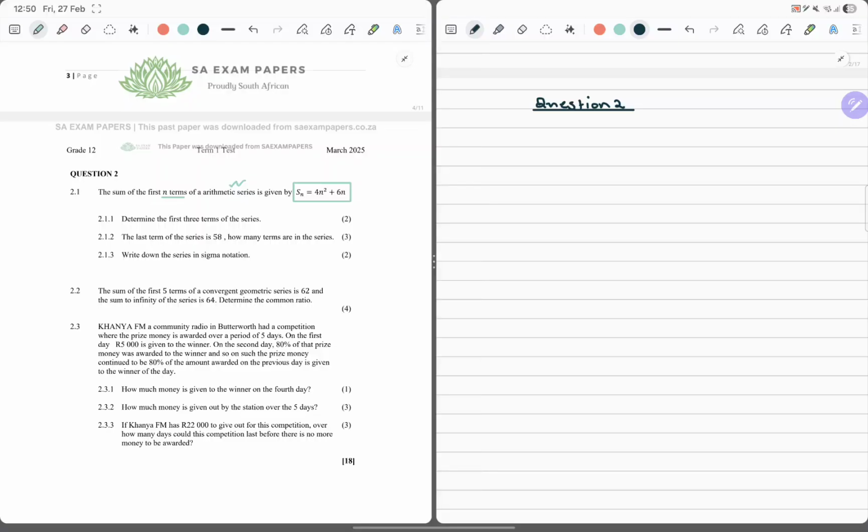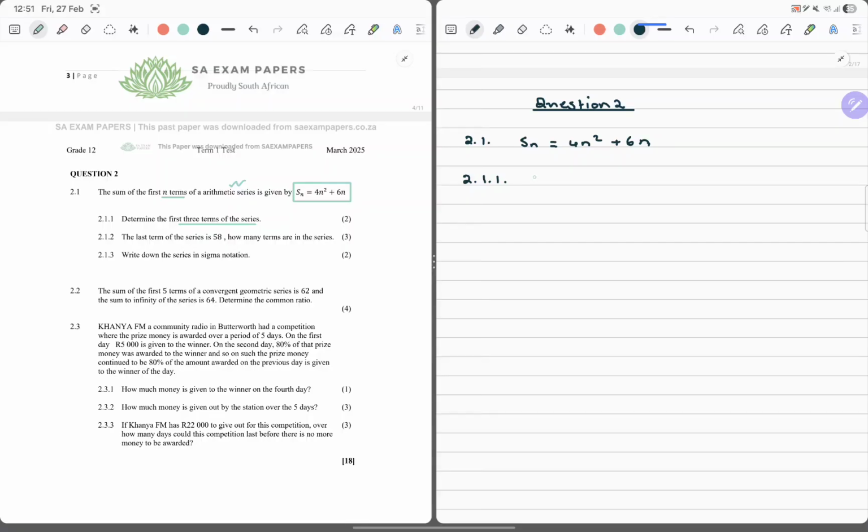Okay, so what is the story? We need to determine the first 3 terms of the series. Okay, so let's see. 2.1, we know that s sub n is 4n squared plus 6n. Okay, now we've got 2.1.1. We now have to find the first 3 terms.